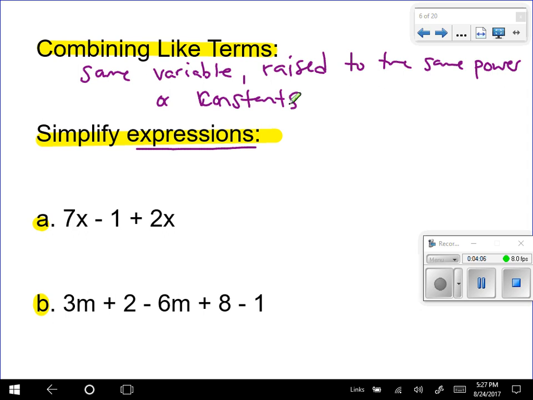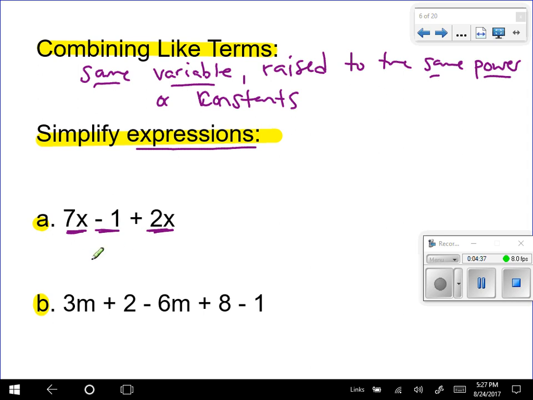Maybe that makes sense to you, maybe it doesn't, but if we look down at our example for A, I have 7x minus 1 plus 2x. You can only combine things that have the same variable and are raised to the same power, or I could combine constants. In this case, I have 7x and 2x with the same variable. I also have a constant of negative 1.